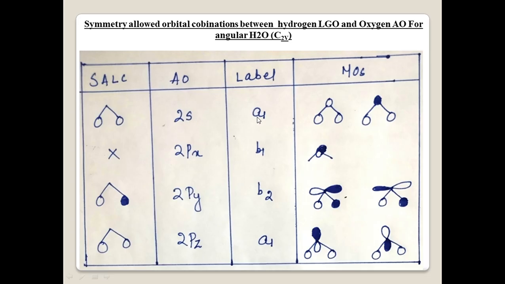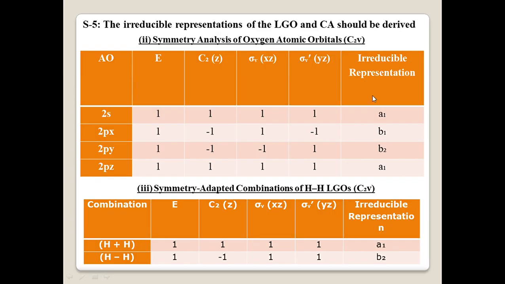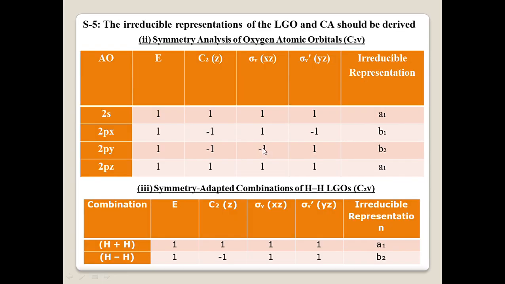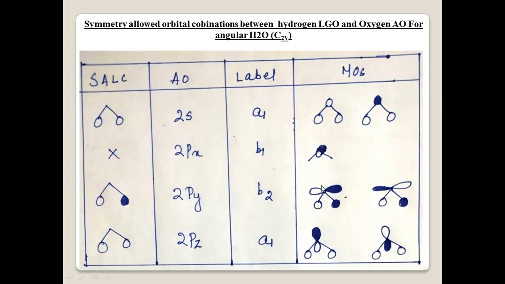For 2s it is A1 and the hydrogen LGO A1 is also there. Because of symmetry, they will combine. But 2px is B1, and here B1 is absent, so combination will not happen. I just put a cross mark here.